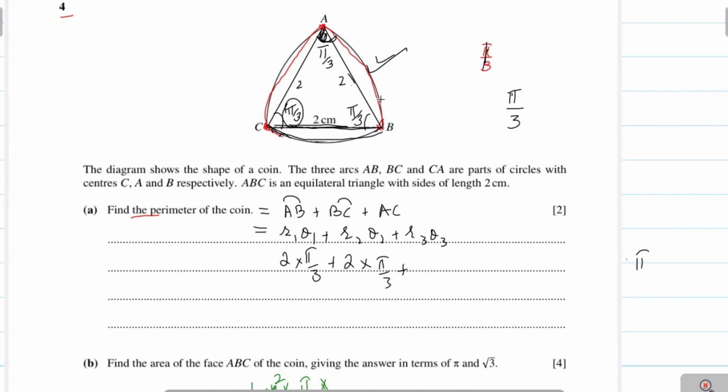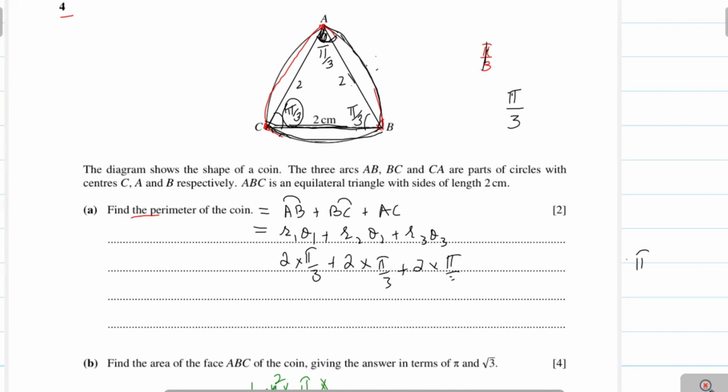And next is the arc length AC, having center B, and the radius is also 2 here, and the angle of this arc at the center is pi over 3.